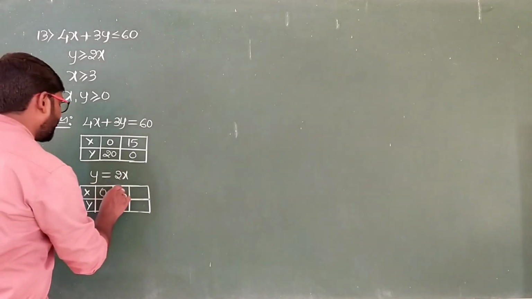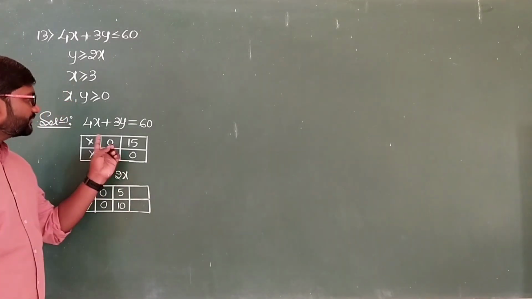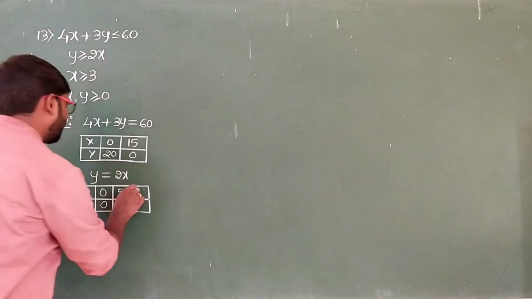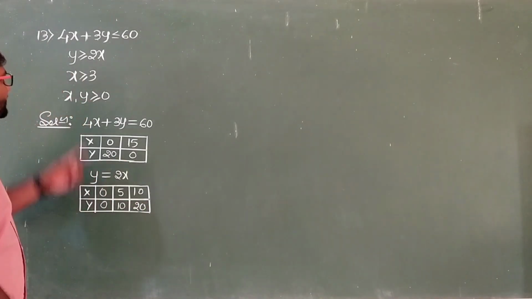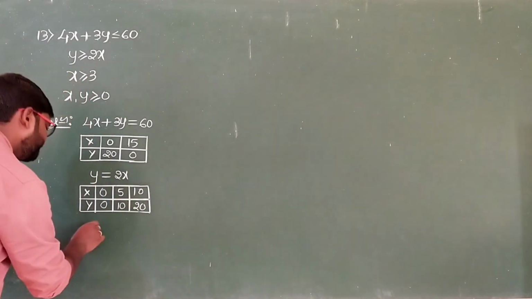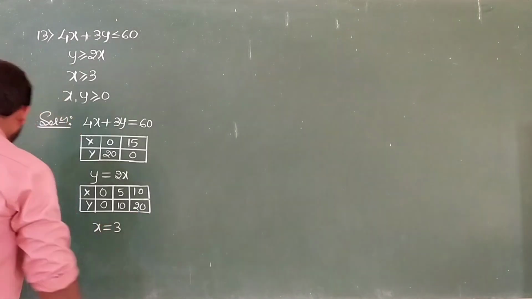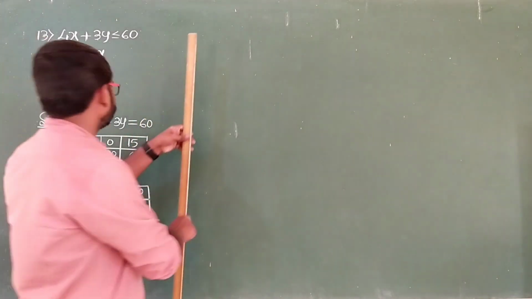Then when x is 5, y will be 10. So based on these values, we have to consider the values of x here. Then when x is 10, y will be 20. And then this is the x equal to 3 line. So with the help of these, now we have to plot the graph.